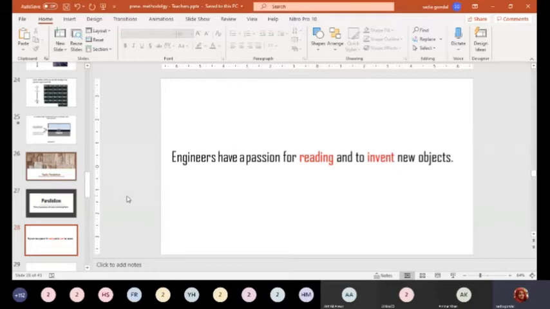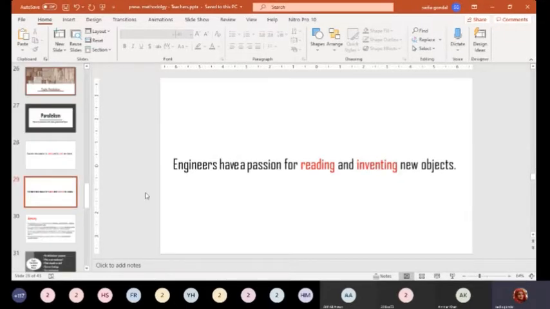So this sentence could have been rewritten as: Engineers has a passion for reading and inventing new objects. Simple, right? If you want to use the gerund, then continue with the gerund, ending in ing over here and ending in ing also over here.